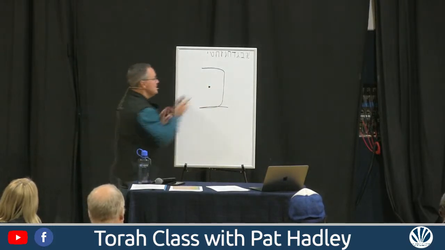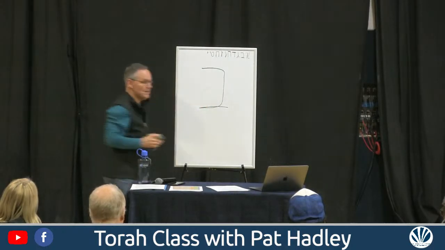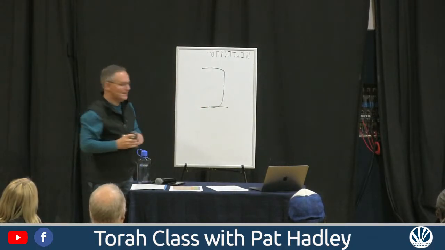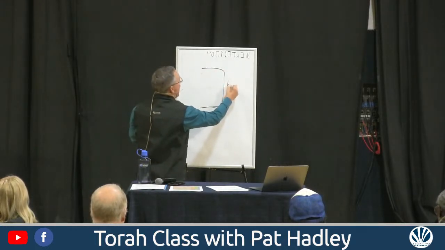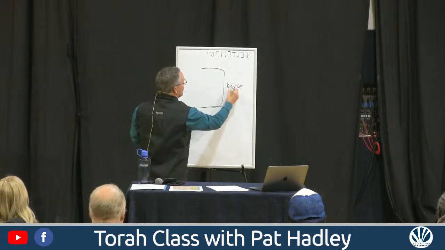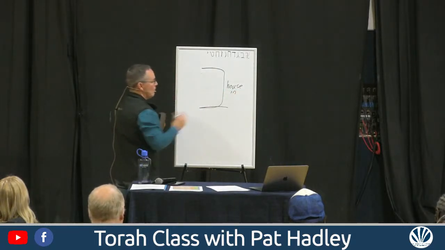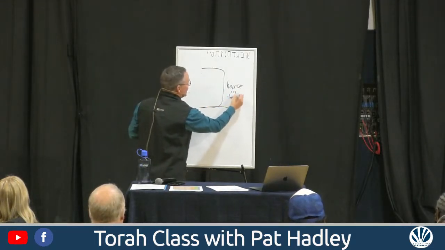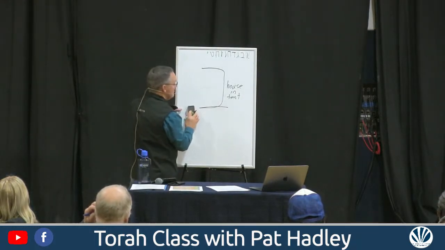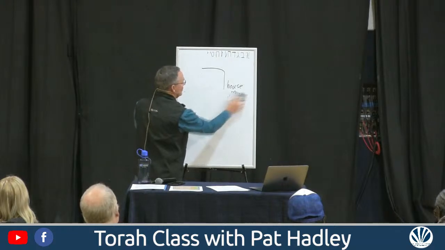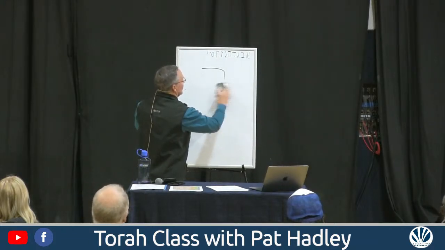If it does not have a dot in it, it makes a va. And it means house or inn. Or tent.